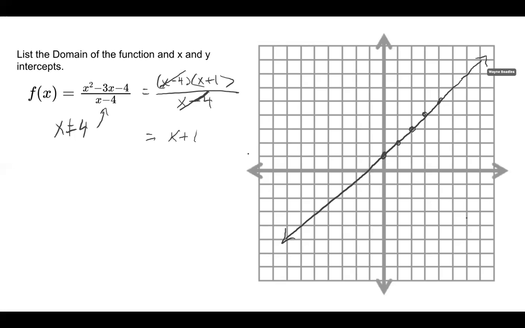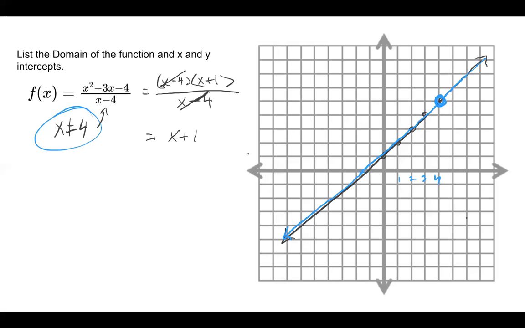But we also know that it's not defined at 4. So over here at 1, 2, 3, 4, there's a hole. That's an open circle. So the graph goes along and it's just not defined at that hole. So there's like a hole right there.